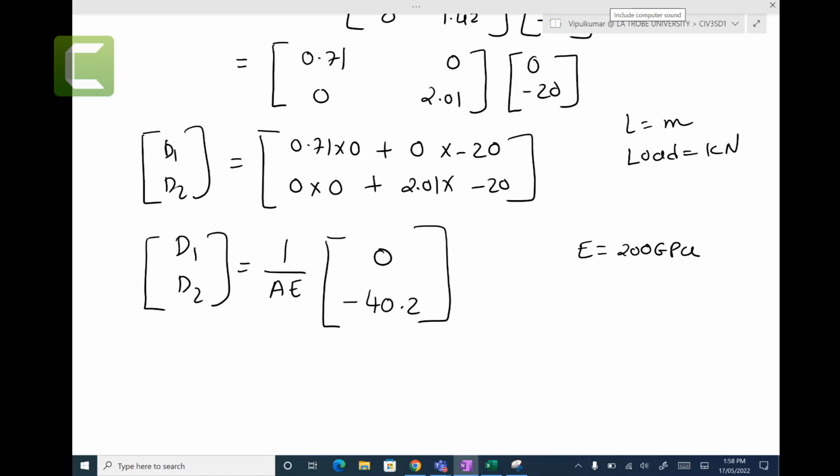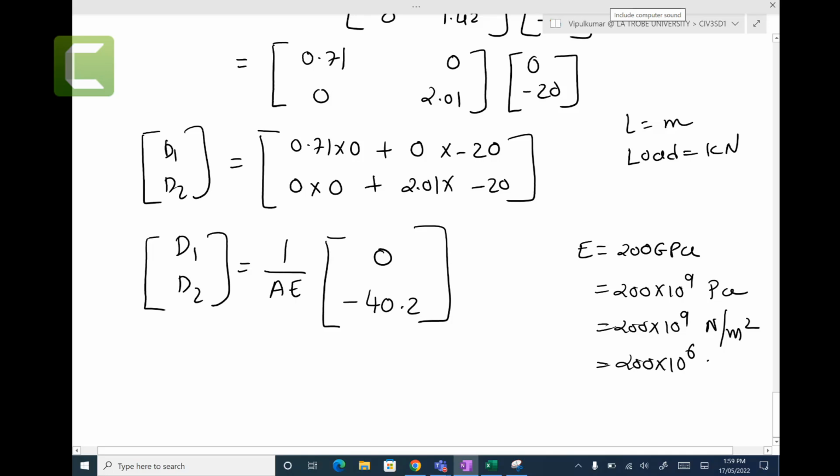So gigapascals, we can say that 200 times 10 to the power 9 pascals, which is 200 times 10 to the power 9 newton per meter square. Convert into kilonewtons, 10 to the power 6 kilonewton per meter square. Do you agree with me?